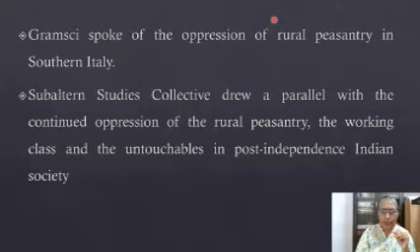They, that is, the Indians, drew a parallel with the continued oppression of the rural peasantry, the working class, and the untouchables in post independence Indian society. We are not speaking about what happened before independence, we are speaking about the post independence Indian society. So let's see how this becomes relevant in the subaltern studies.